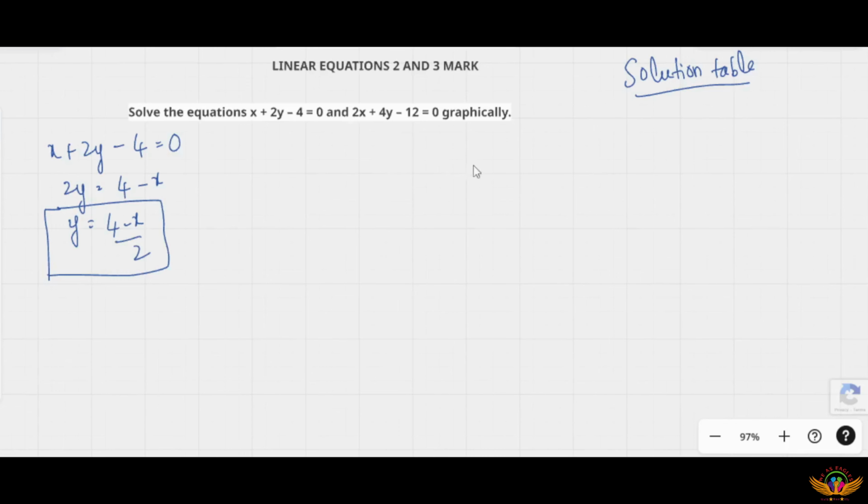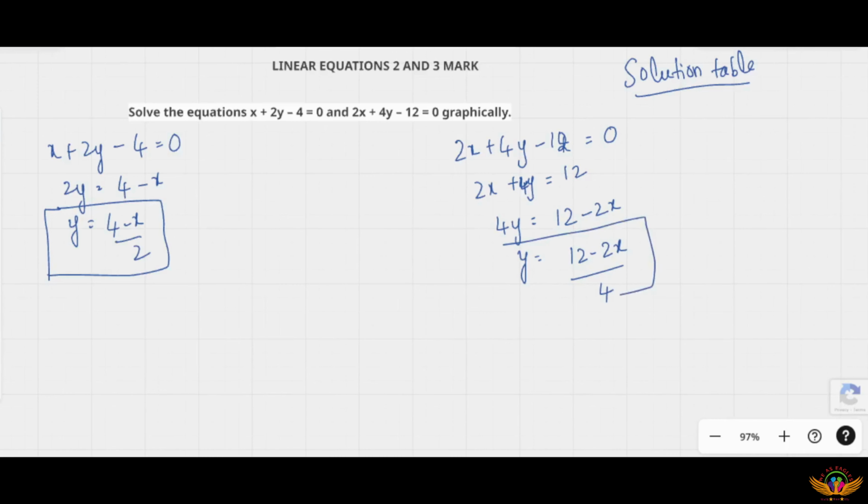For the second equation, 2x plus 4y minus 12 is equal to 0, so 2x plus 4y is equal to 12. 4y is equal to 12 minus 2x, and y is equal to (12 minus 2x) by 4. This is the y derived from equation number 2. This is equation number 1 and equation number 2.